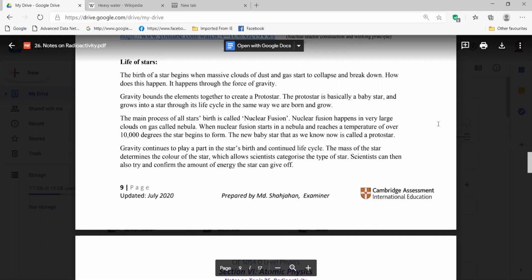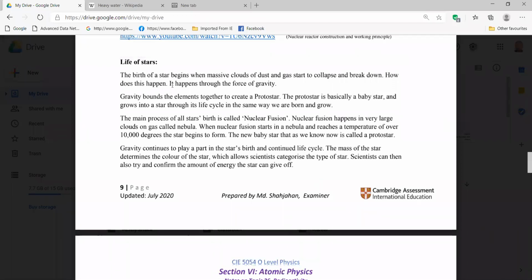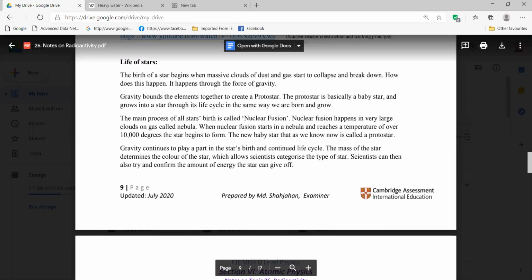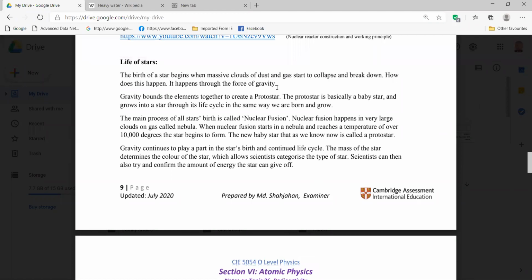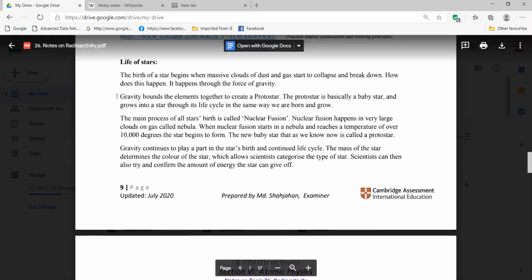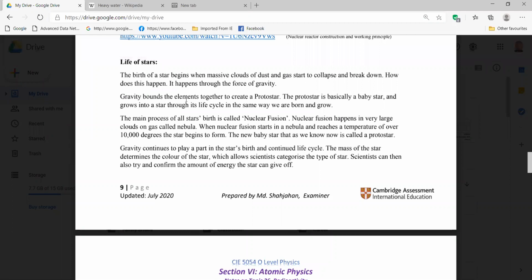Okay, very good. Thank you. Now, look, here we are using some terms. When Yakin was reading this part, it happens through the force of gravity. Then you could ask me how the gravity is working. That's why I gave this sentence: gravity bonds the elements together to create a protostar.